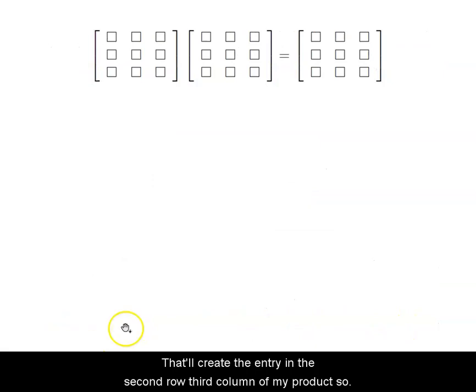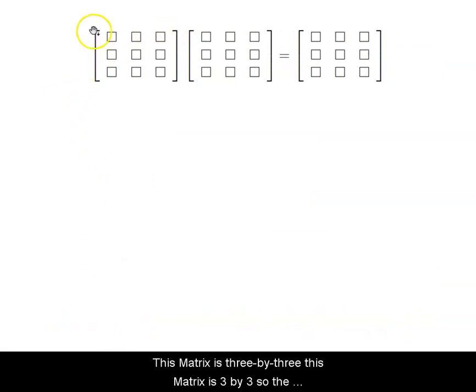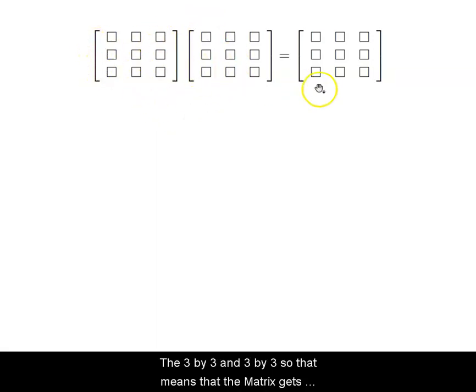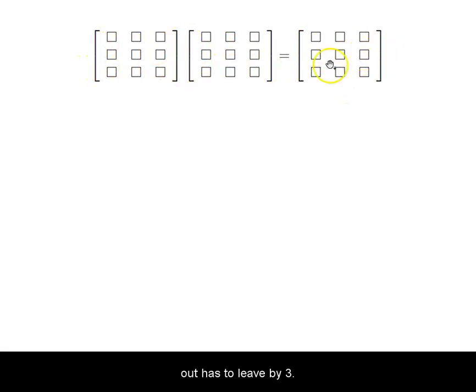Okay, so here's a little diagram. This matrix is 3 by 3. This matrix is 3 by 3. So the number of rows match up with this number of columns. Okay, and so 3 by 3 and 3 by 3. So that means that the matrix it gets out is 3 by 3.